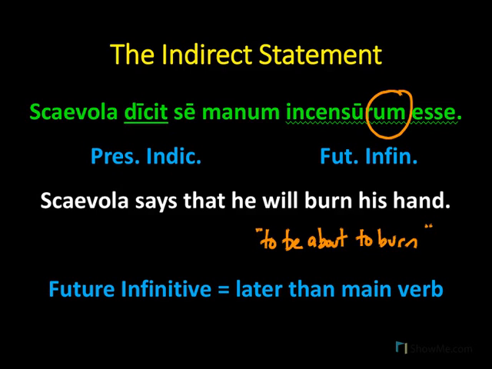The case, number, and gender of this infinitive match the case, number, and gender of our accusative subject, se. And we can tell that se is singular and masculine because it refers back to Scaevola, who is also masculine and singular. Now let's look at some examples where our head verb is in the past tense.